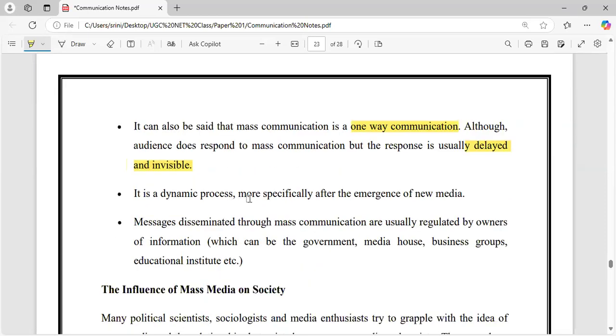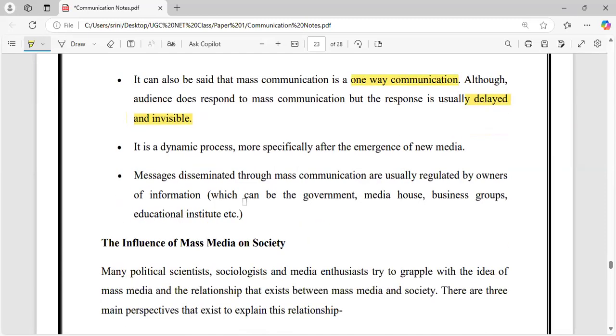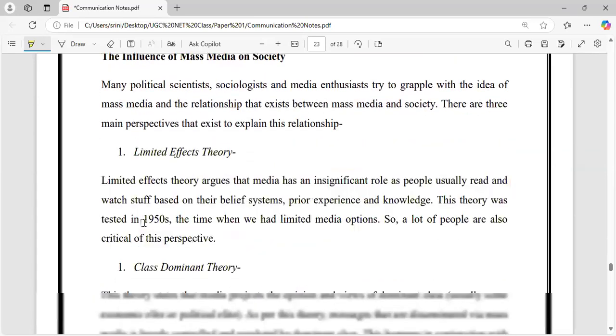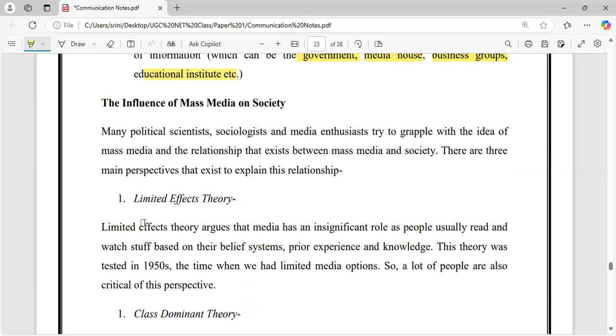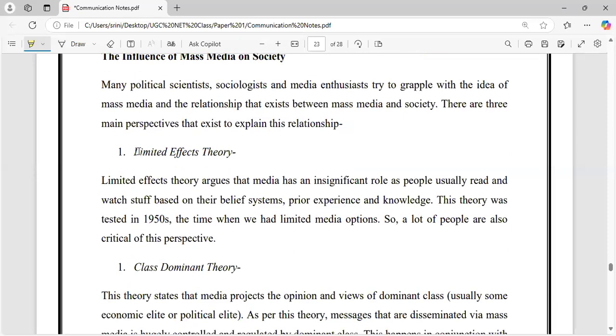More specifically, after the emergence of new media, it's disseminated. Messages disseminated through mass communications are usually regulated by owners of the information, maybe government, media houses, business groups, and educational institutions.